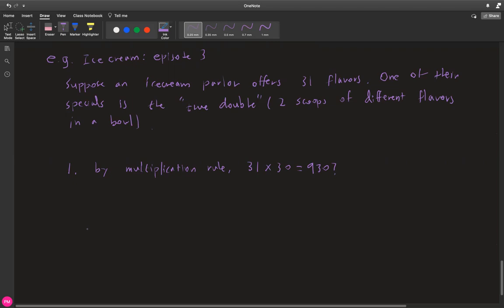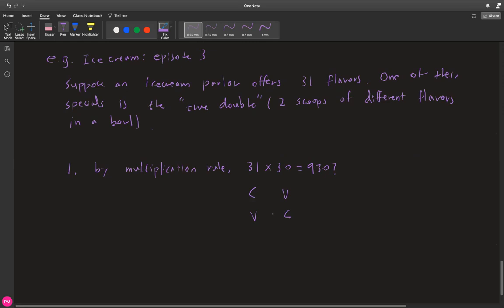When we're using the multiplication rule, there's a well-defined order to things. So suppose you chose chocolate and vanilla. This number is actually considering chocolate and vanilla and vanilla and chocolate as different things, so it's counting it twice.